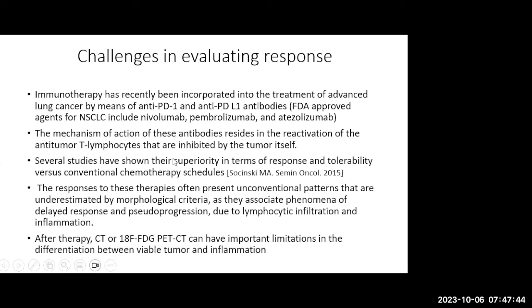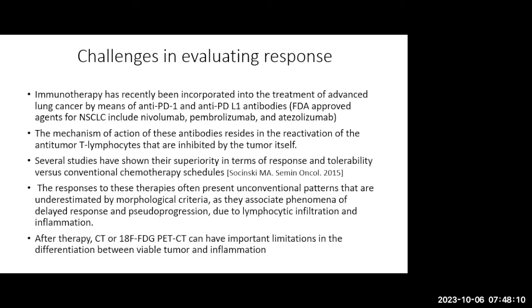The mechanism of action of these antibodies resides in the reactivation of anti-tumor T lymphocytes that are inhibited by the tumor itself. So they become activated, and several studies have shown they are superior in terms of response and tolerability versus conventional chemotherapy. So that's why they're so popular now.